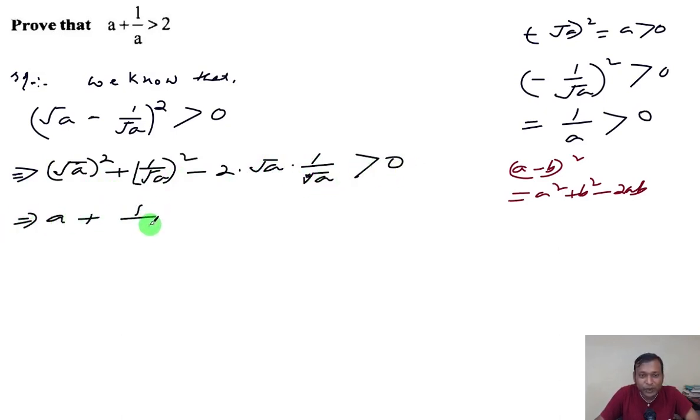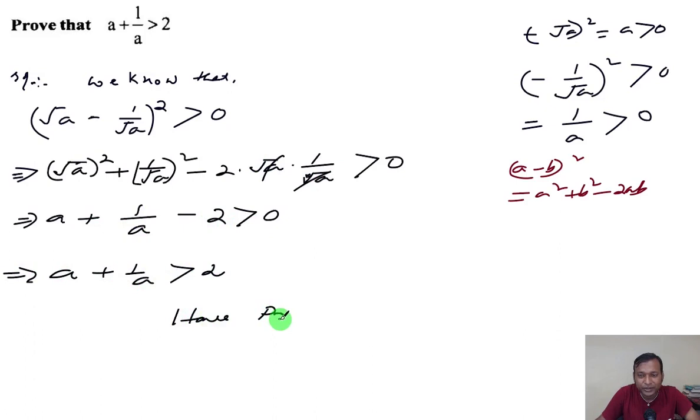So a plus 1 by a minus 2 is greater than 0. So a plus 1 by a is greater than 2. So hence proved. So this way we have proved a plus 1 by a is greater than 2.